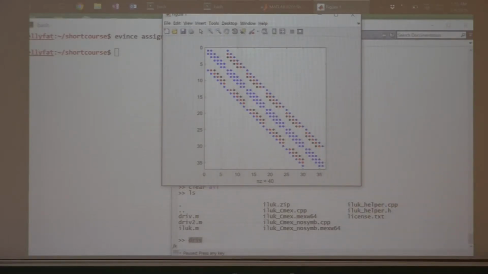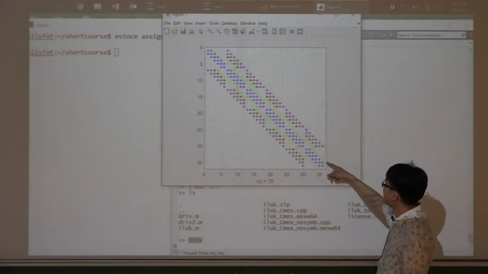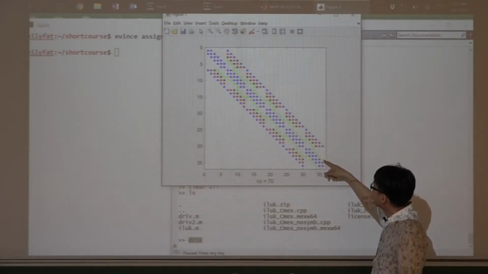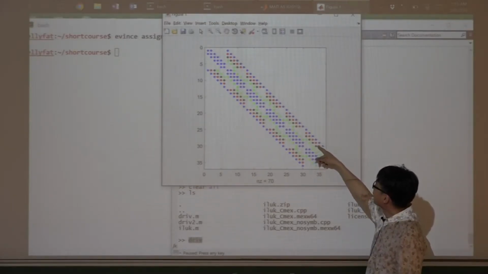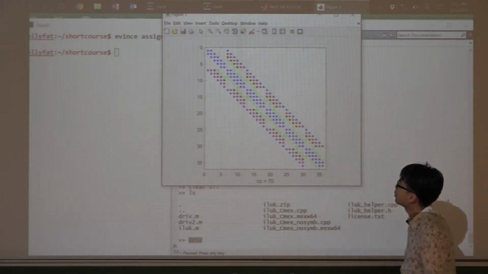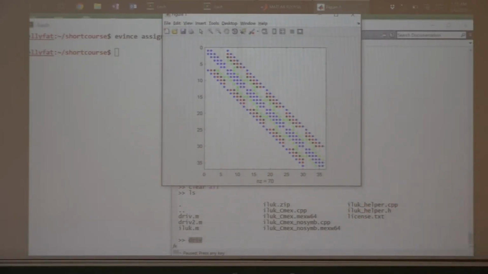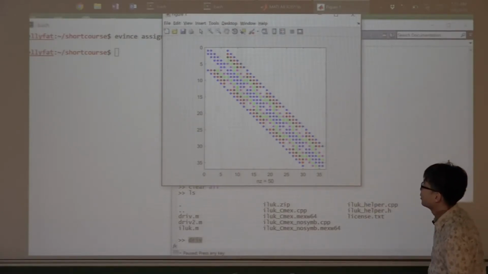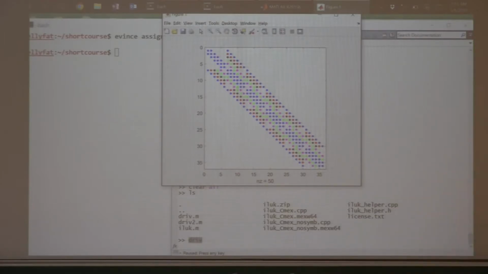How about level 3? Level 3 is kind of interesting. Some are hugging the diagonal and some are closer to the outside. So this is level 3. Level 4 in cyan. So they're coming in from both sides.